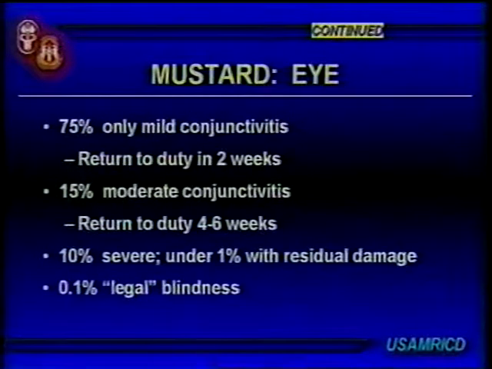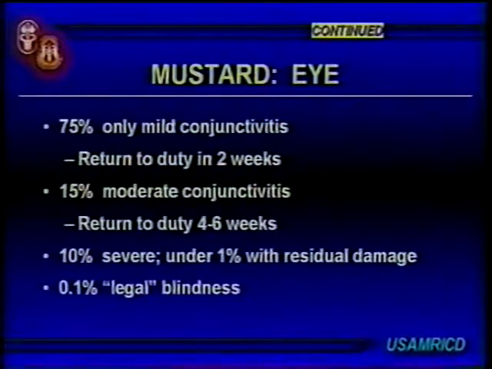The breakdown on this is 75% of them had the mild conjunctivitis, 2 weeks, and they could be back to duty. And they required little or no therapy. They just needed a lot of TLC. The 15% intermediate took sometimes as long as 2 months, 4 to 6 weeks. More of a problem, but they would heal without residual.